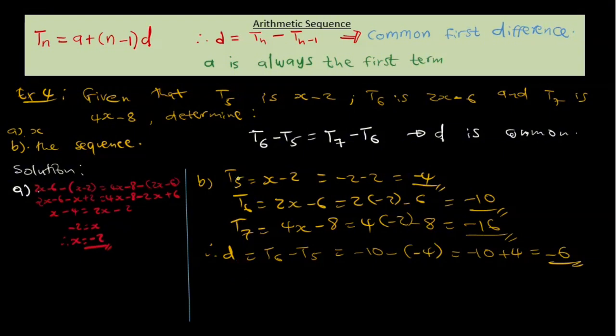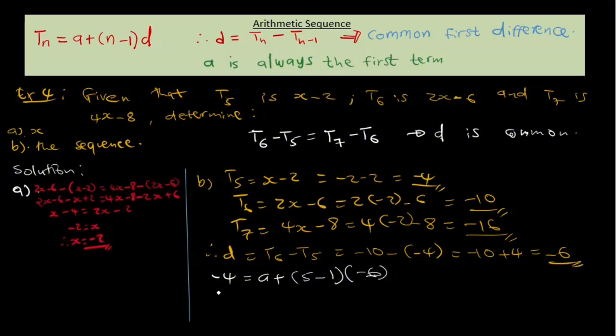So T5, which is equal to minus 4, equals a plus 5 minus 1 times the difference, which is minus 6.